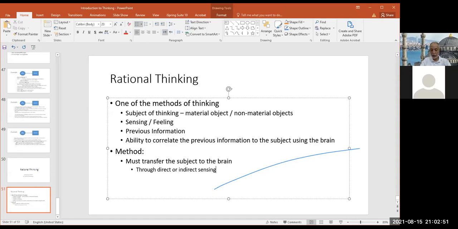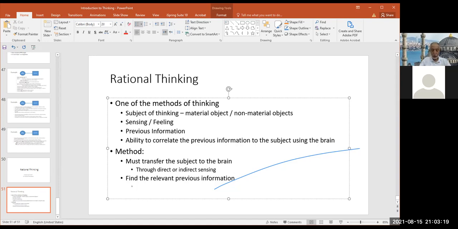I have to be able to transfer the object, and then I have to find the relevant previous information. When I say previous information, I have to be careful, because you may think I have to rely on what I currently have in my brain.